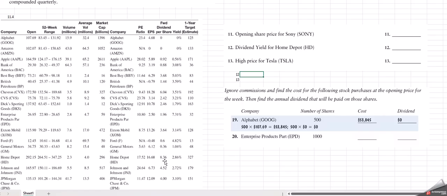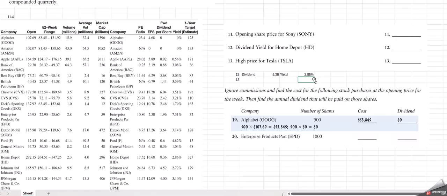Our dividend per share is $8.36, but our yield is going to be the 2.86%. So I think that's what it's actually asking for. Yeah, the dividend yield is 2.86.